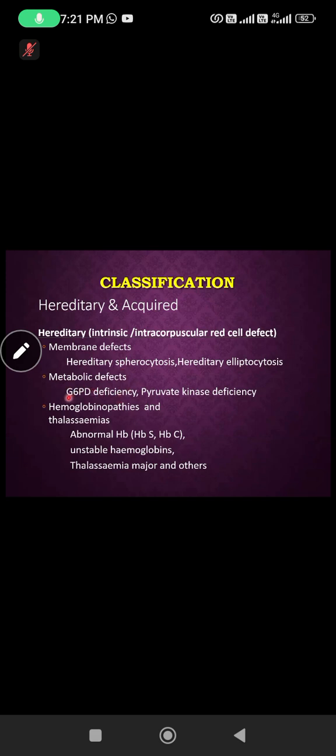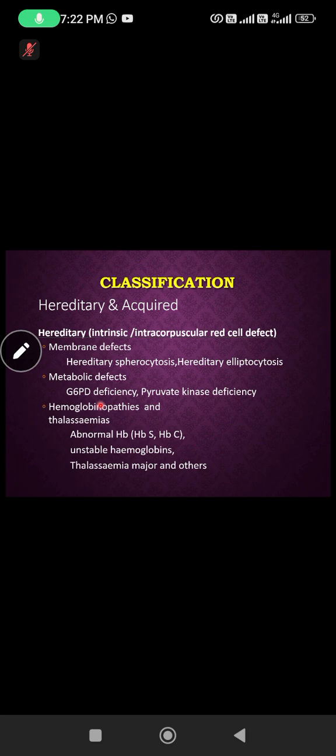So, if there's a deficiency in this enzyme, G6PD, glucose 6-phosphate dehydrogenase, the reducing energy will be produced at a lower amount.